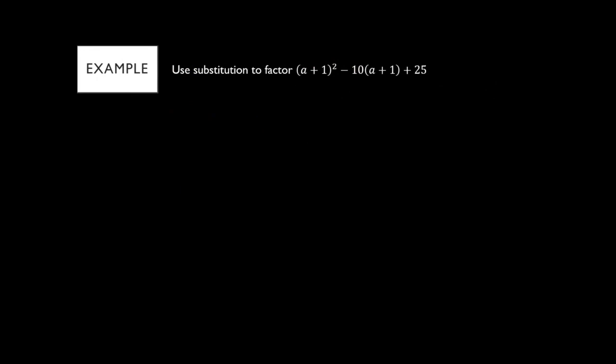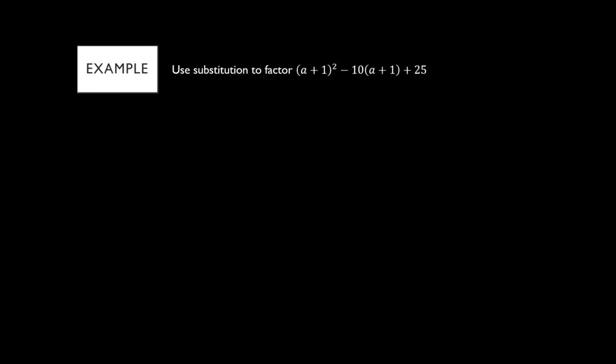So here is the more common type that you'll see where you'll want to do this. You're going to look for problems where you have something in parentheses squared. Those are the type where you want to use substitution, because they're usually easier if you do it that way.